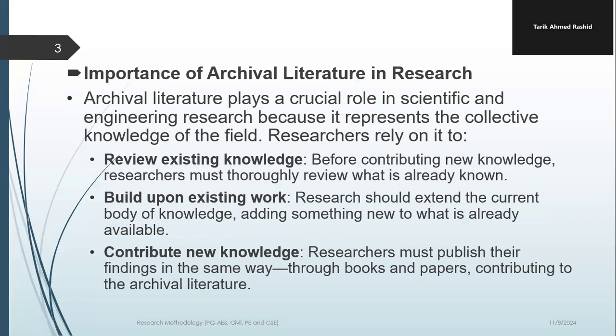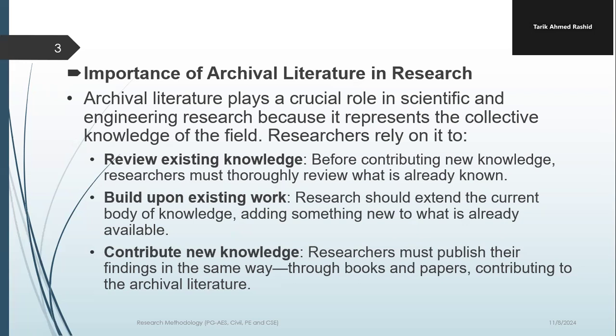Now, archival literature, why do we use it? We use it because it is considered to be a review of existing knowledge, information, and research work. This is prior to contributing to knowledge in research. We can also rely on this type of literature because we need to build upon existing work.